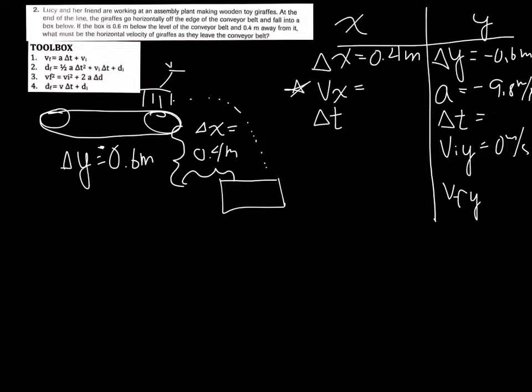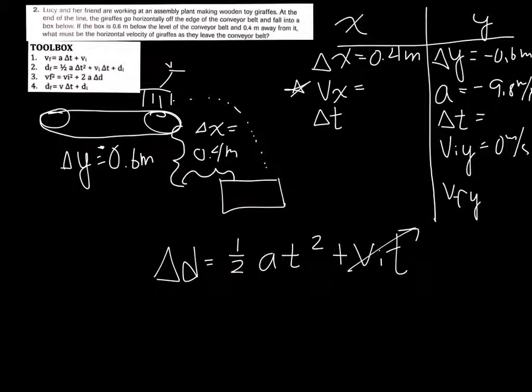So again, in this problem, I have more information on the y side, so that's the side I need to start on. We again need to calculate time because time is our link between the y and the x side. I'm again going to use the equation delta d equals 1/2 a t squared plus v initial t.